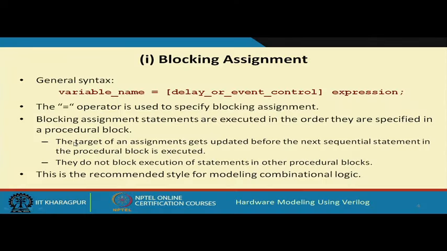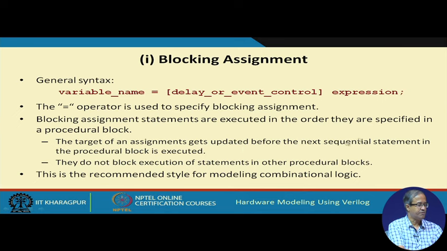That means an assignment statement which is executing blocks the execution of all the statements which follow. Unless it is finished, the next instruction will not start. This is the meaning of blocking assignment. The target of an assignment statement will get updated before the next statement is executed.